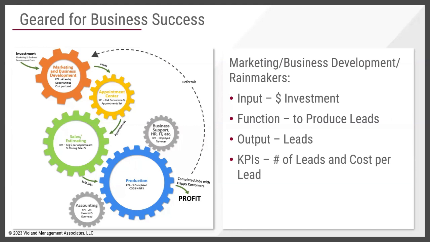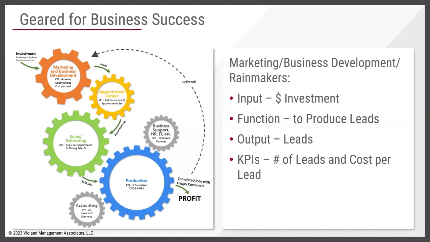So it's an efficiency KPI for the marketing function. The marketing or business development function takes that money and produces leads, and then the leads go on to the next gear.